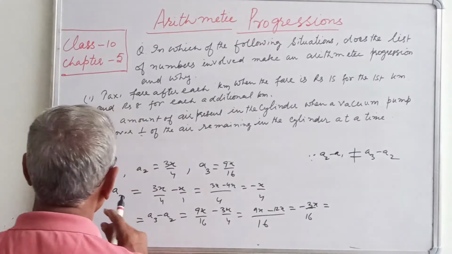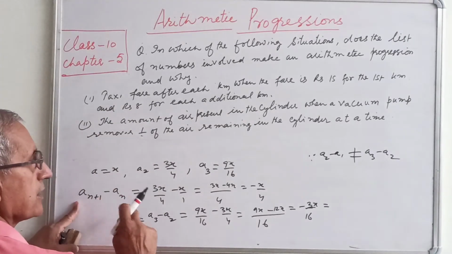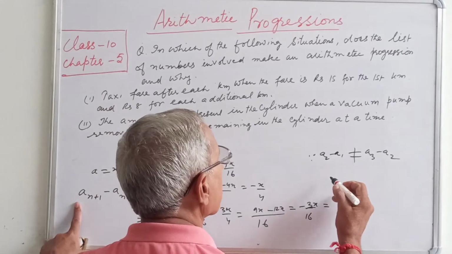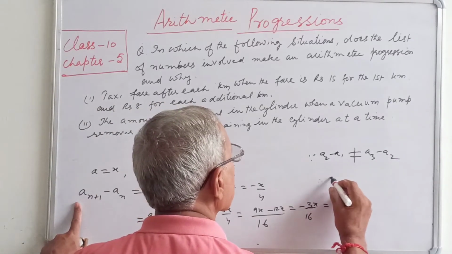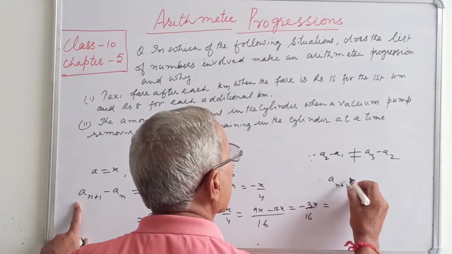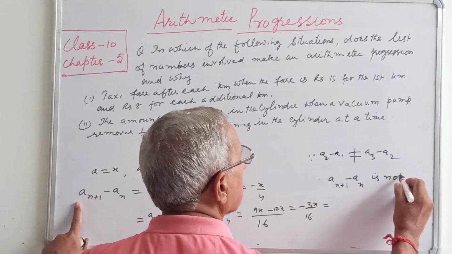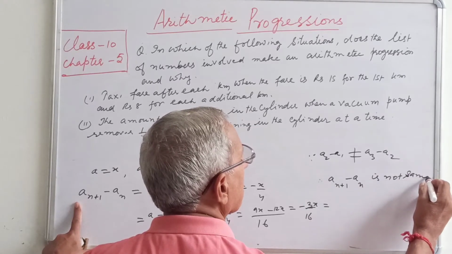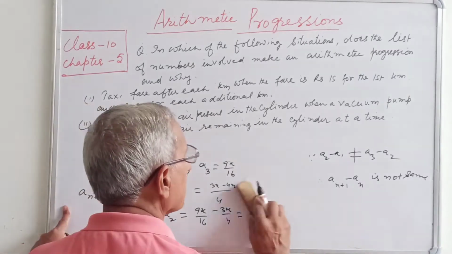So because an plus 1 minus an is not the same for each term, therefore the given sequence is not an AP.